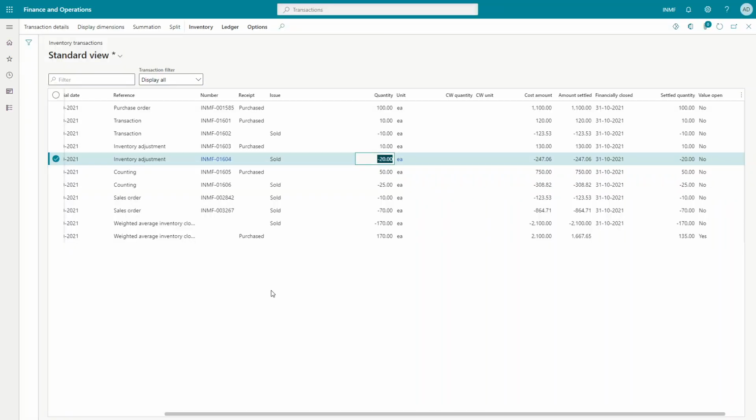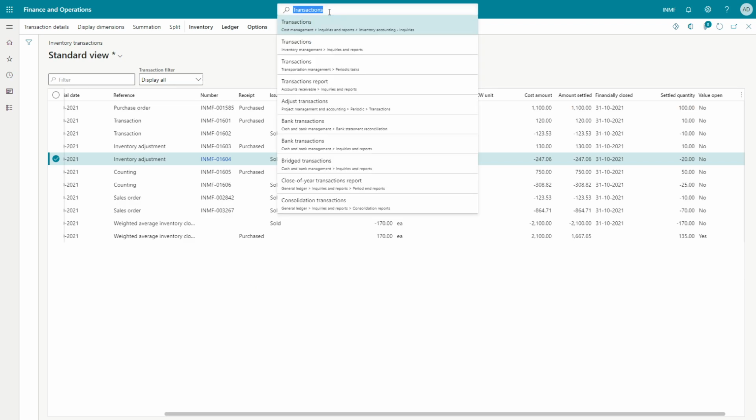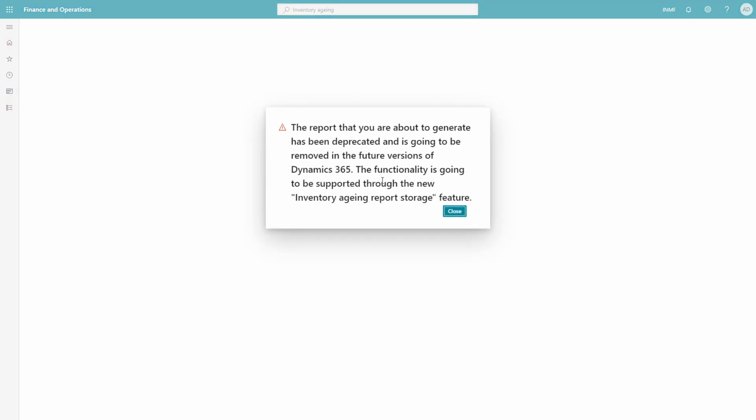Let us see this in terms of reporting also. Say for example, if I am generating the inventory aging report, yeah, this is saying there is a new feature, inventory aging report storage.